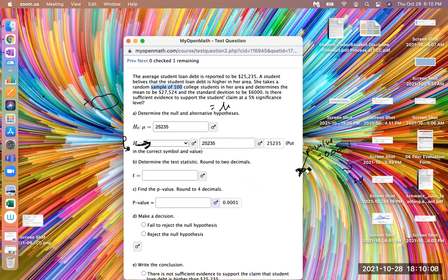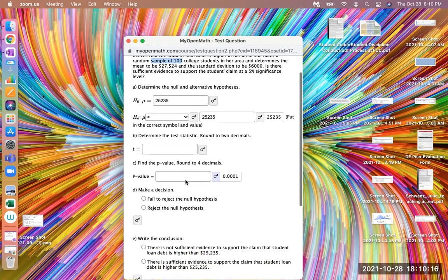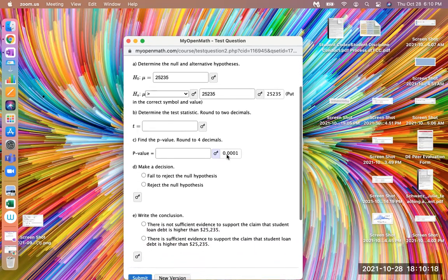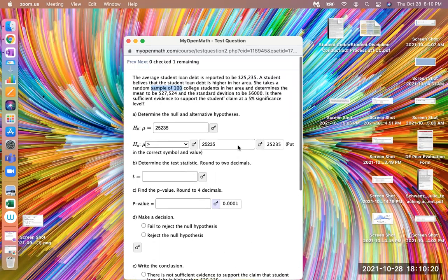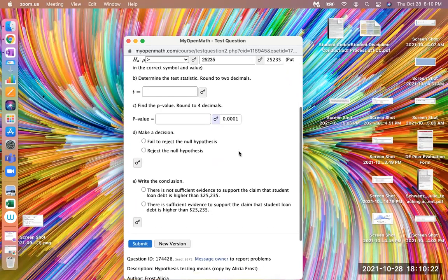And now, here's our final results. So we have a p-value of 0.0001. Alpha was 5%. So can we compare the 5 with just the 0.001, or do we have to change them both to percent or both to decimal, or how do we compare them?